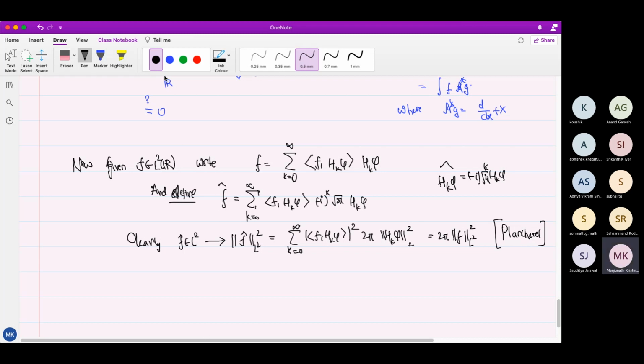So one needs to check, to make this a definition, that this definition agrees with the other one if f is in L1 intersection L2.